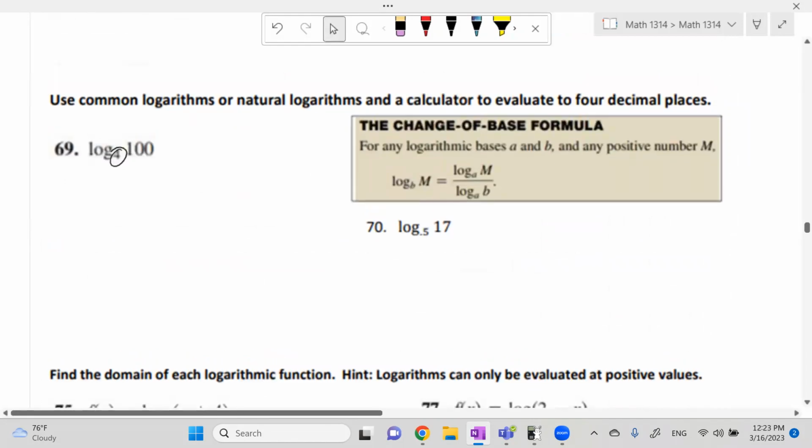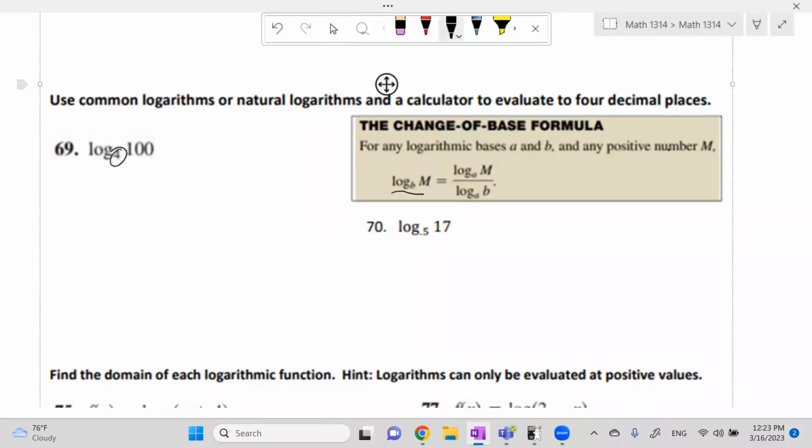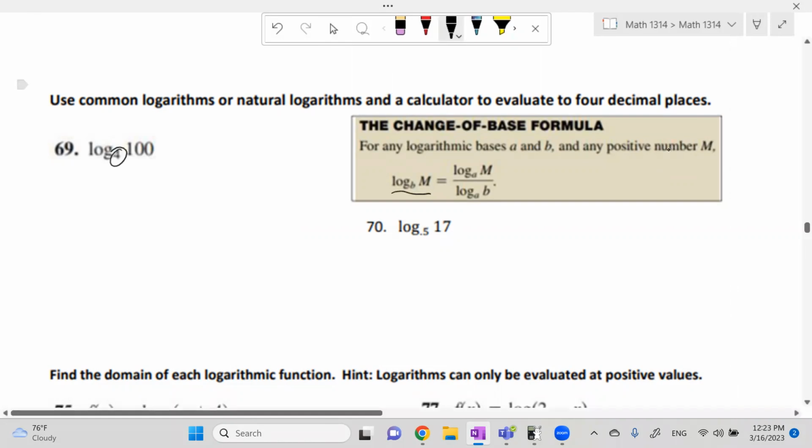I only have log base 10 or ln, that's log base e. So how about log base 4 of 100? I can use the change of base formula.